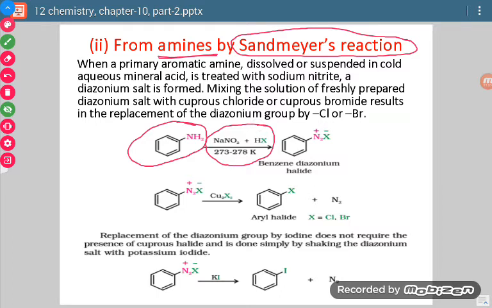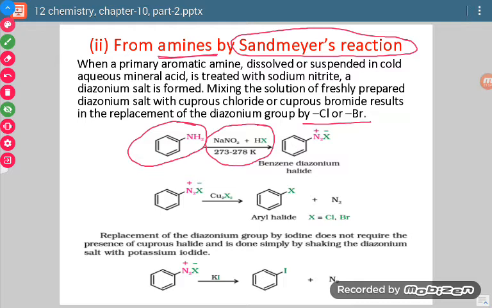Now see, we have to prepare either bromo product or chloro product in this case. For iodo product there is a different procedure, and fluoro products cannot be obtained. So when we have to prepare chloro or bromo product, we take the mixture of sodium nitrite and halogen acid of that particular halo group.